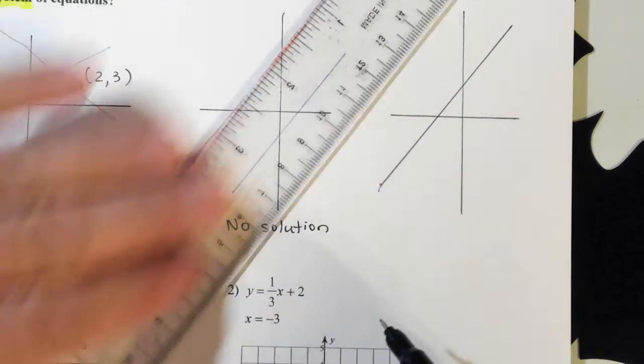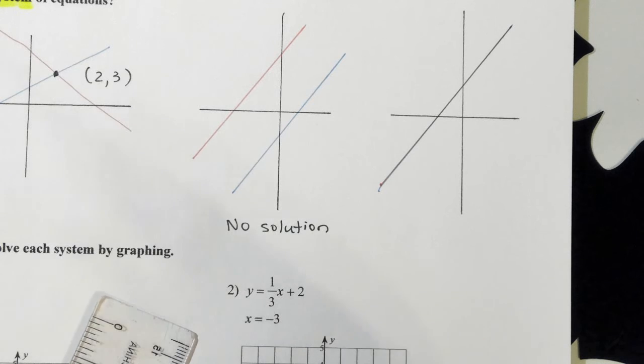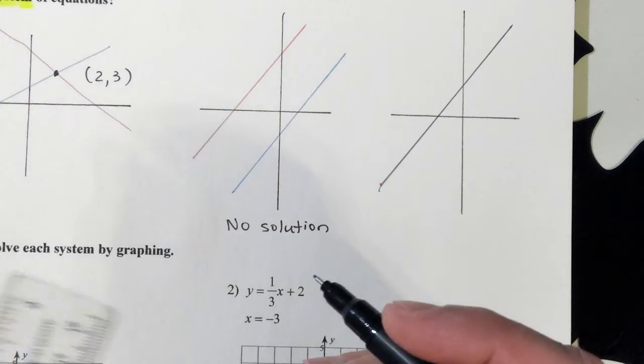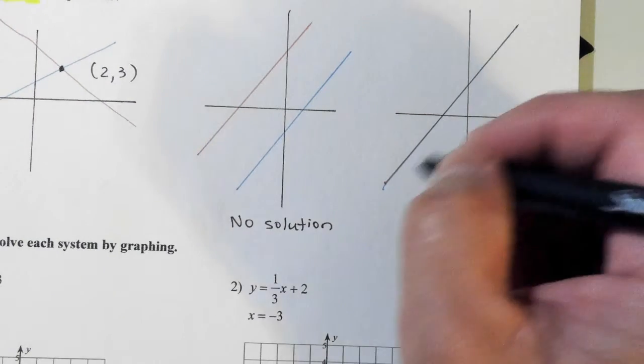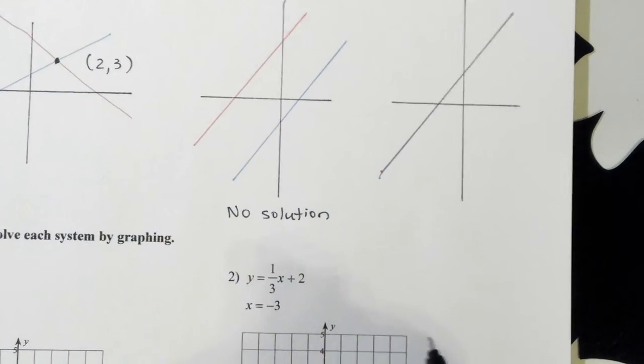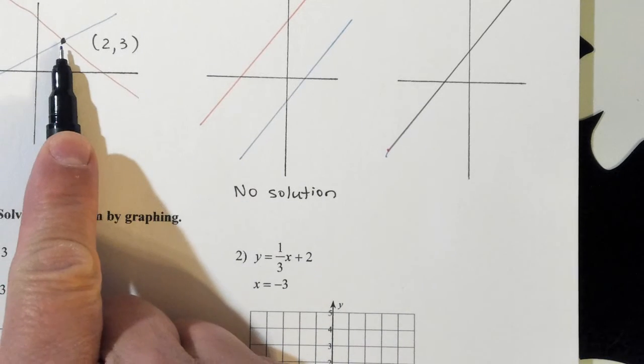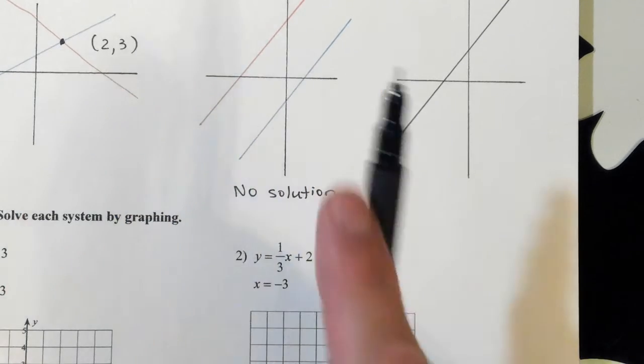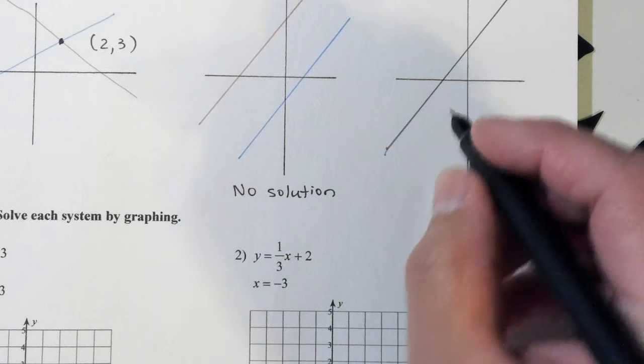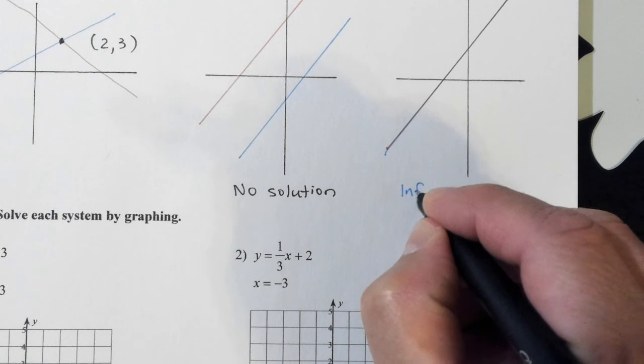Meaning, or another way to think of it is they're the same line. A lot of people say they're the same line, but it's actually two separate equations, functions. They're just right on top of each other. So this one has one solution, this one has no solutions. This one has an infinite number of solutions.